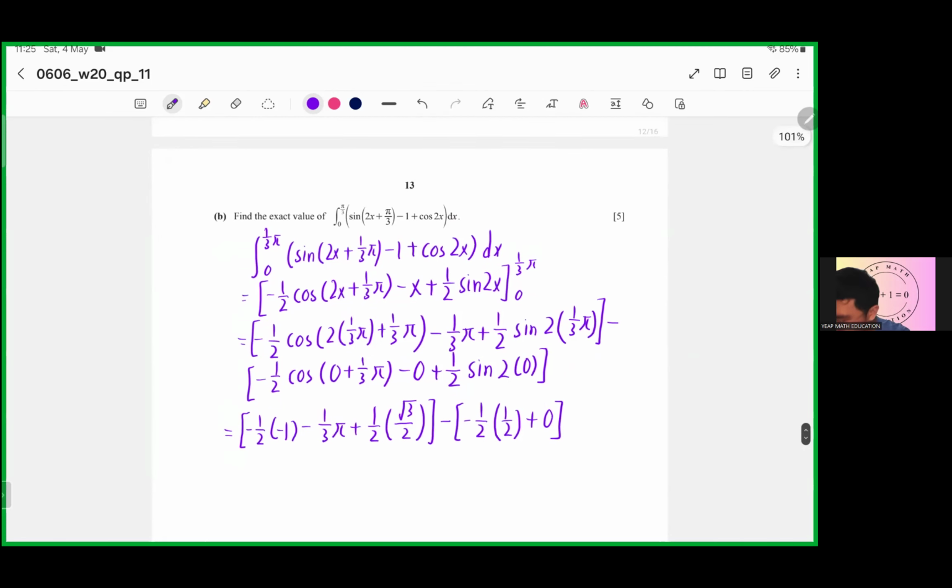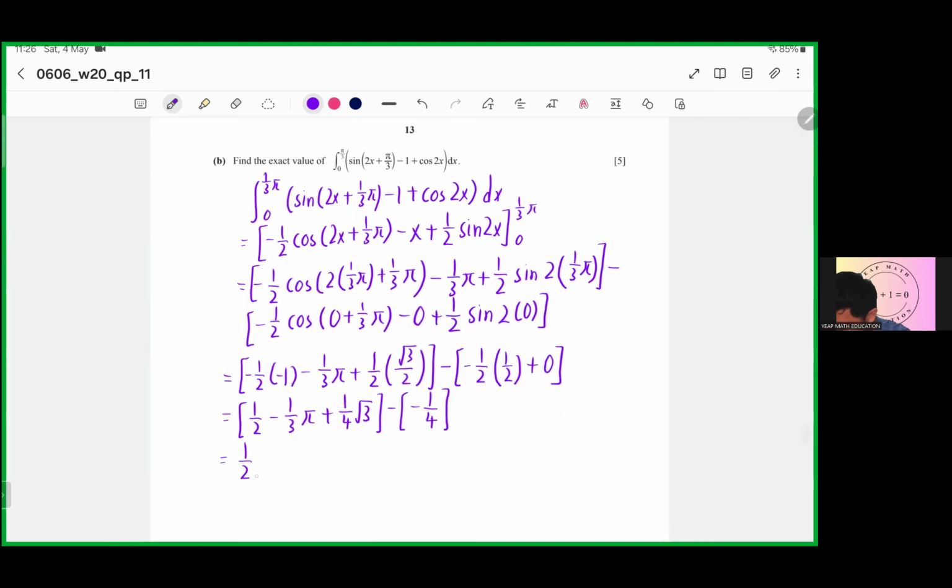Okay, after we got this, we now need to simplify. 1 over 2 minus 1 over 3 pi plus 1 over 4 sub 3, minus the negative 1 over 4.